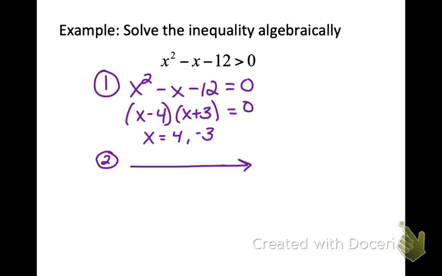Make yourself a number line. Put your smallest number on the left. So out of 4, negative 3, my smallest is negative 3. Put your largest on the right, which is 4. So now what I've created is 3 different intervals. I have an interval here that I'm going to label interval A, which I have highlighted in green.